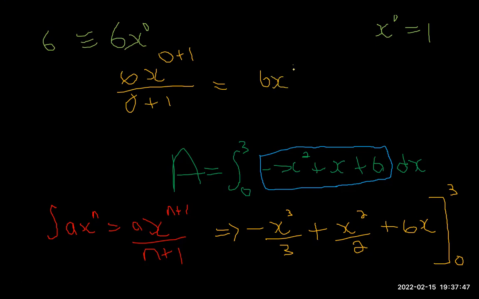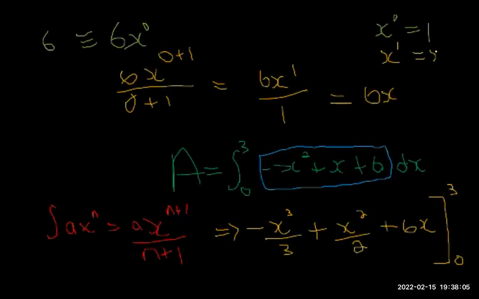So 6x to the power of 1, which gives me 6x. You might be wondering where the power of 1 went. Well, there's another law that says anything raised to the power of 1 is itself, so x to the power of 1 is the same as just x. Do you understand how I got 6x?